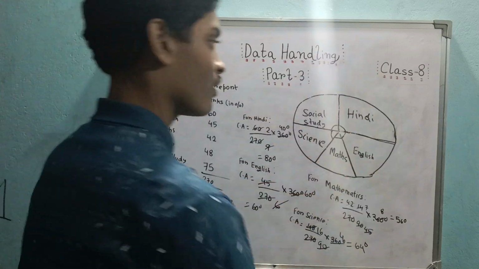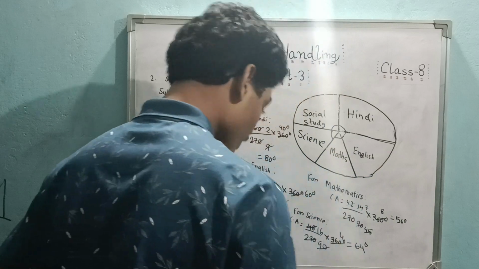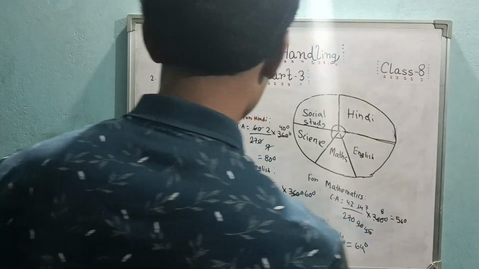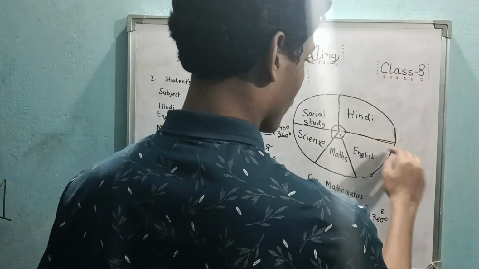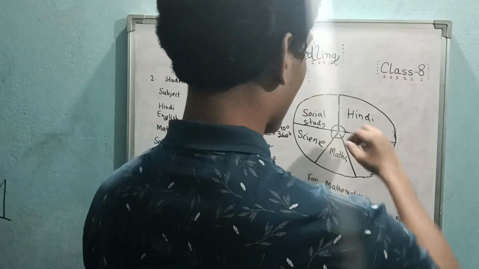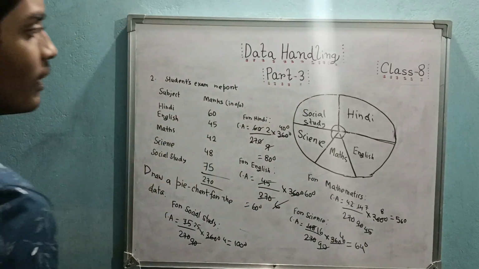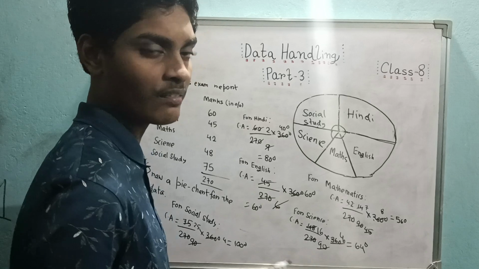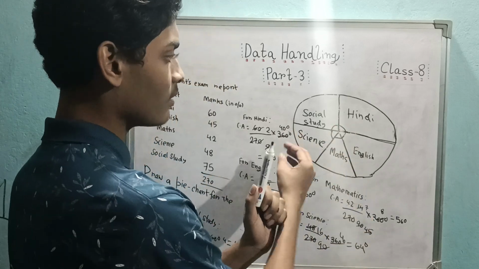So first of all, draw a circle. From the center draw a straight line. On this straight line, draw the first central angle of the first data value. Then on the line you obtained, place the protractor and rotate it and draw the next central angle for the second data. Then on the line you get after drawing the second central angle, place the protractor and rotate in this direction.